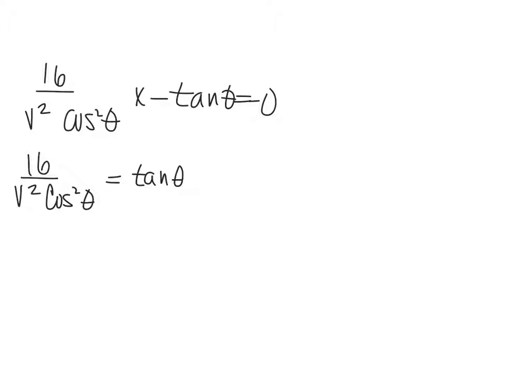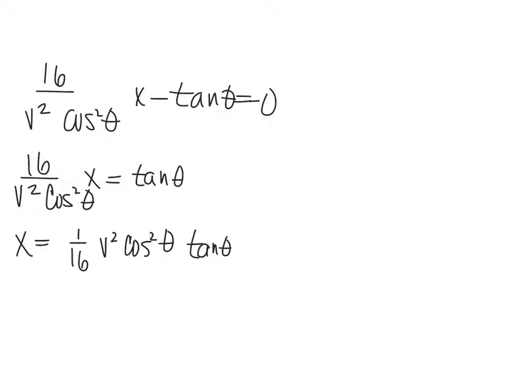Awesome. Now I'm going to multiply both sides by that denominator. Oh, I lost my x right there. I'm going to move that denominator over, and then divide by 16. So 1/16 v squared cosine squared theta times tan theta.